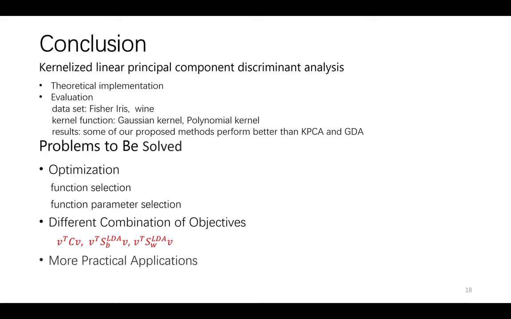And we can think about some more practical applications to receive more realistic or efficient results, and the significance of kernelized LPCDA can be thought about in the future. I finished my presentation. Thank you.